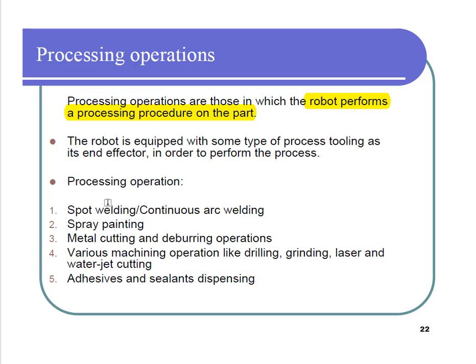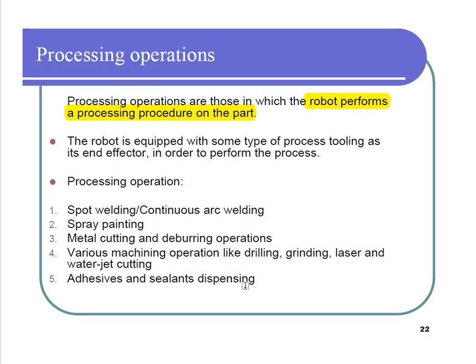Process operations are, for example, spot welding or continuous arc welding, where you can use a robot arm, or even spray painting, or even metal cutting and deburring operations, or various machine operations like drilling, grinding, laser, or even water jet cutting, or adhesive and sealant dispensing.